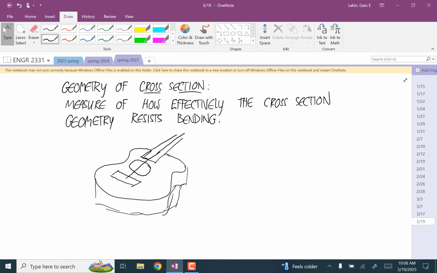And you need that top to vibrate, so you can't make it too thick. But the problem is that this string is applying a moment to the top that is trying to make this top bend, warp, you know? You can think it's trying to peel this back off like a tin can, you know?